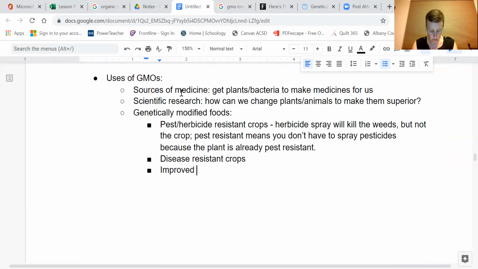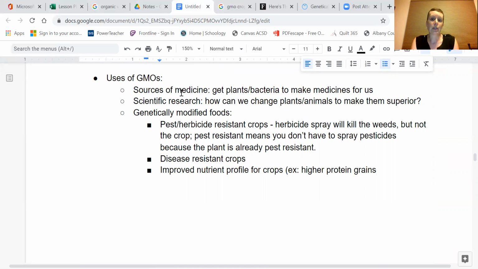Improved nutrient profile for crops. So examples, higher protein grains. Okay, a lot of us love eating grains, but they don't have a lot of protein.